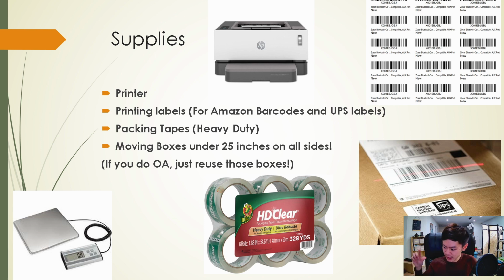Every product comes with something called a UPC barcode, which is a universal barcode, but you want the Amazon fulfillment center to identify that this is only your product, and by sticking on this FNSKU, which is the Amazon barcode, they'll know that it's your product. UPS labels are to ship the entire box off to UPS so that it gets sent to the different fulfillment center. So those are all essentials.